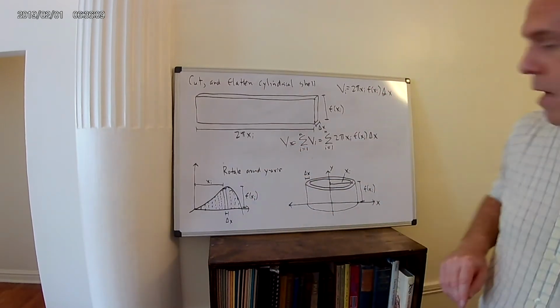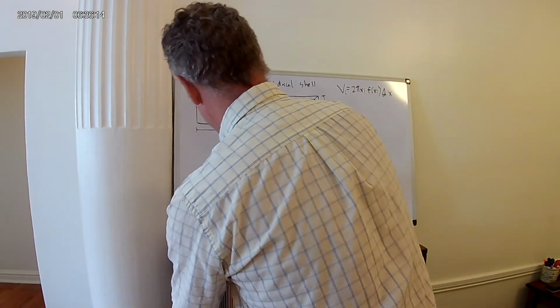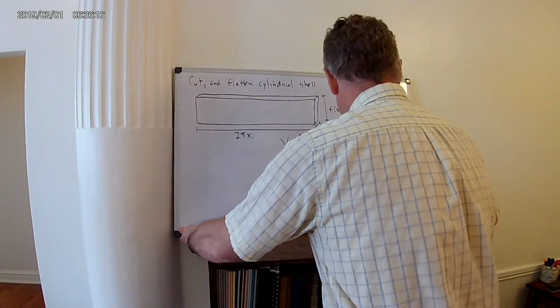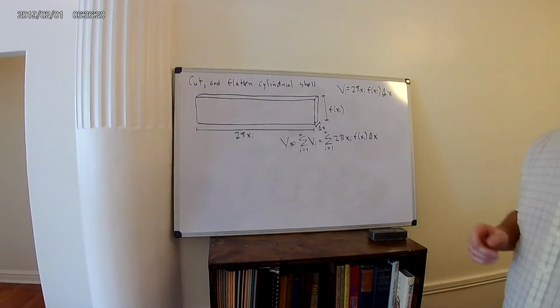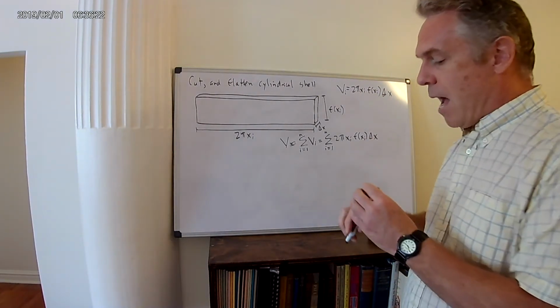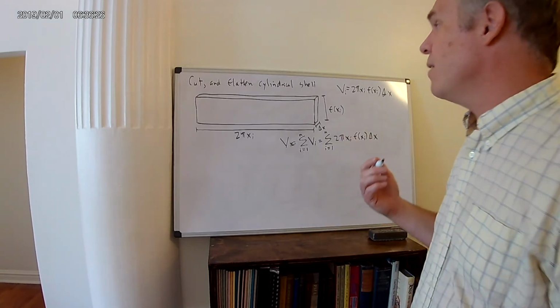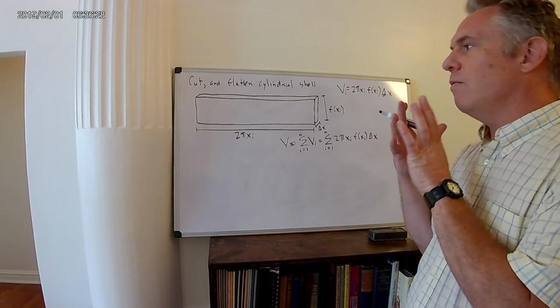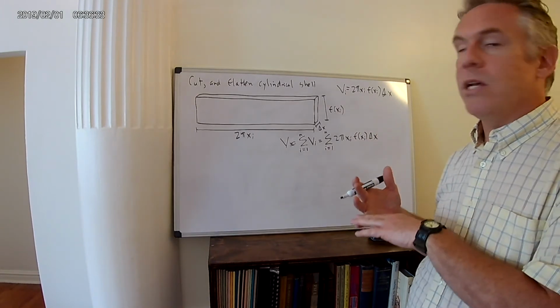Now let me erase what's down below here, and we're going to come to a formula we're going to use. Okay, now this is only an approximation of the volume. The way this becomes exact is if we take the limit as n goes to infinity. So just as with finding the area under a curve, if we force the number of rectangles to go to infinity, that approximation becomes exact.